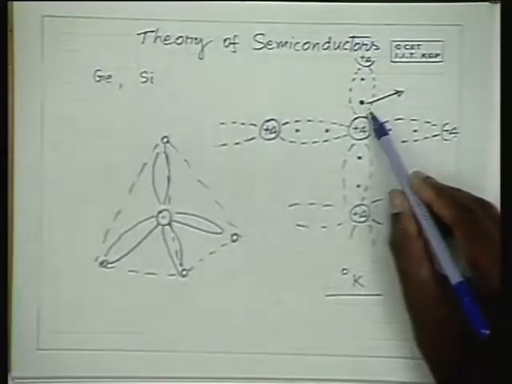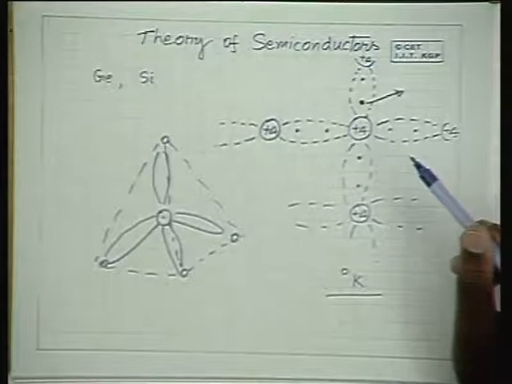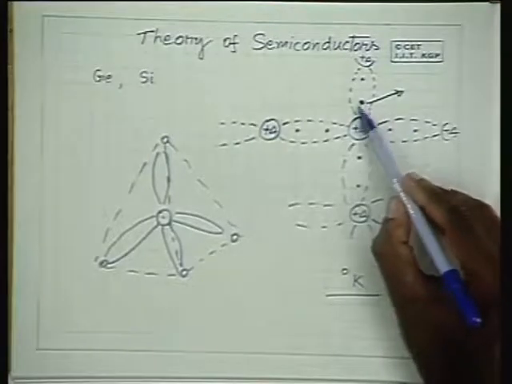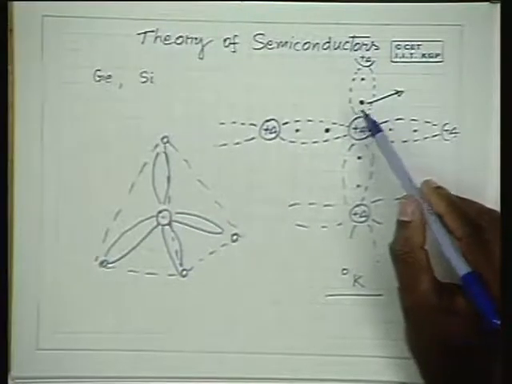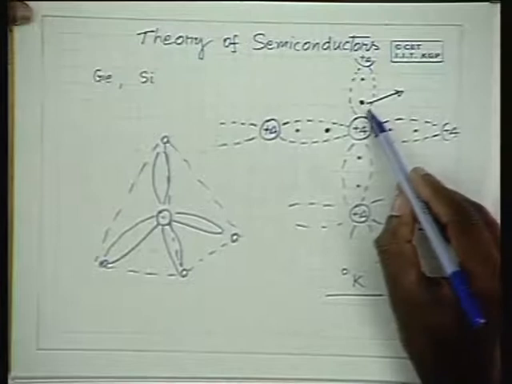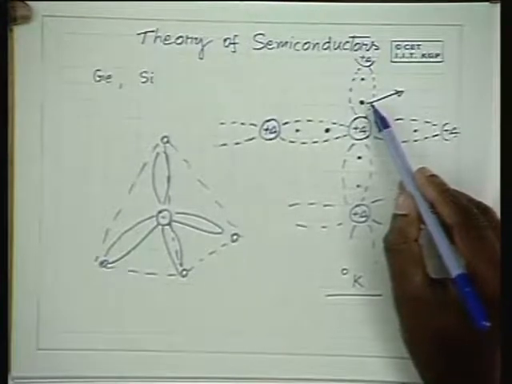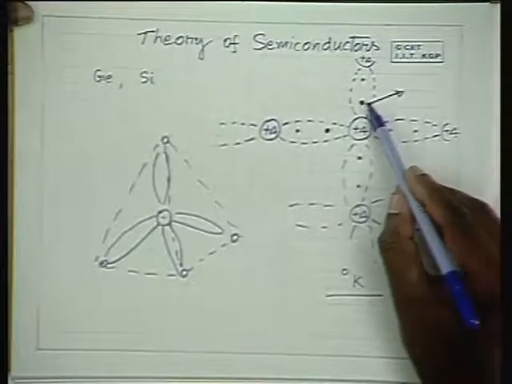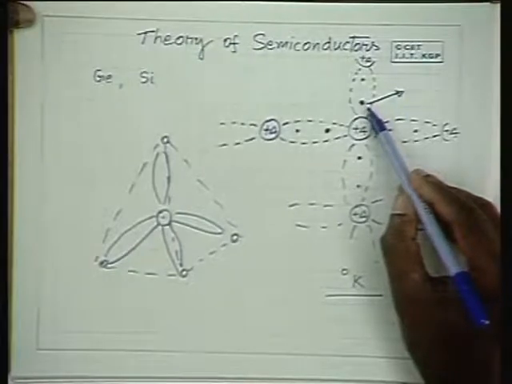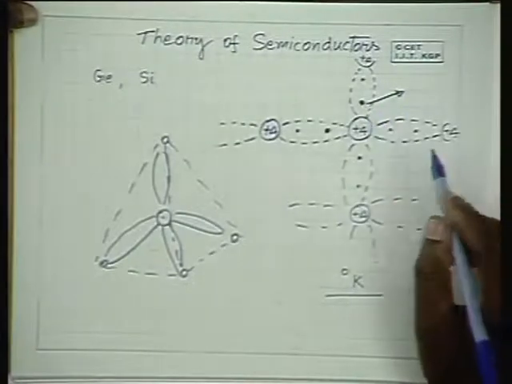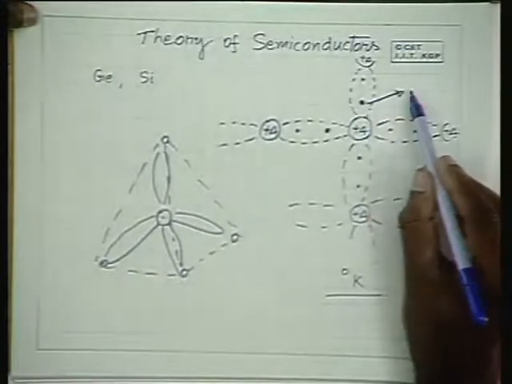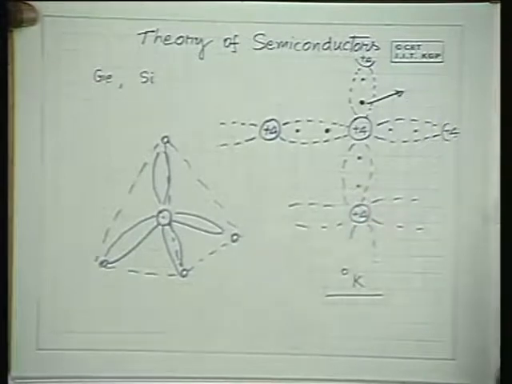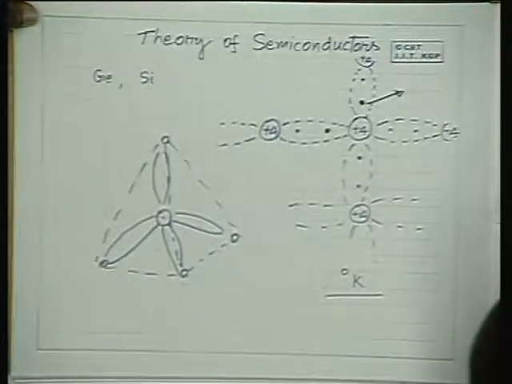Well, when the temperature rises, you have thermal energy imparted to these electrons. When thermal energy is imparted to these electrons, they may overcome the forbidden band, and the energy level may go up to the conduction band. Once they are dislodged from the covalent bond, they are available for flow of current and conduction takes place.